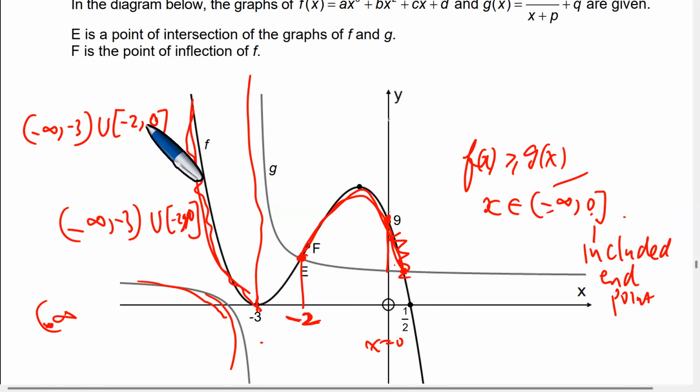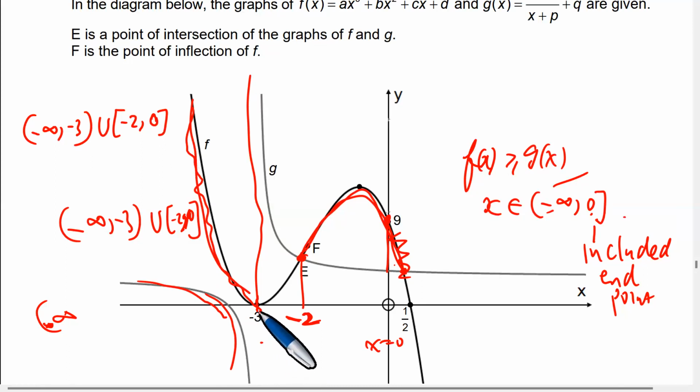So should we include 0? Yes, because it satisfies the condition. 0 must be included because when x is equal to 0, indeed f is above g. So f is greater than g when x equals 0.